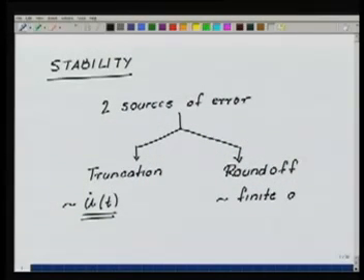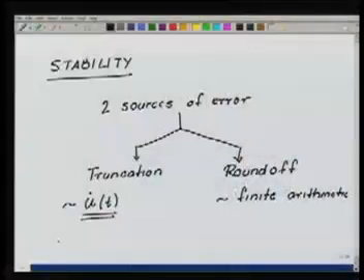The other part, round off error, is due to the finite arithmetic that we are doing. That is, the computer can only represent numbers with certain finite accuracy. It could be single precision or double precision.